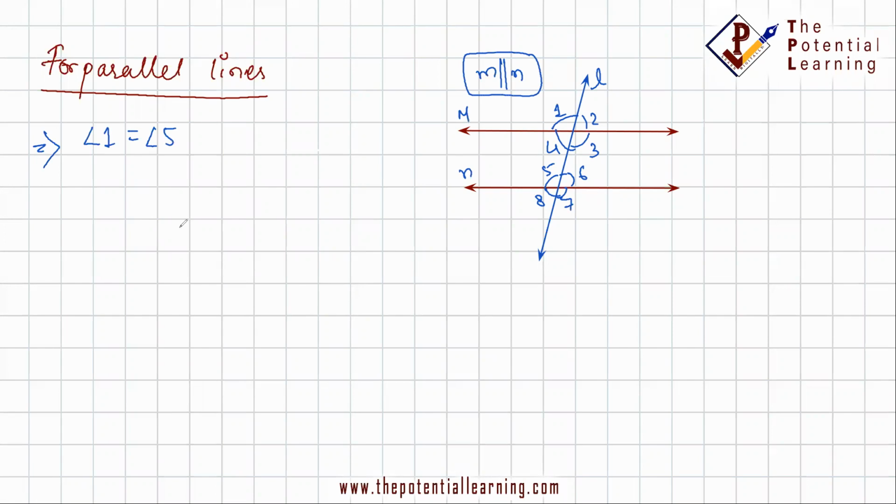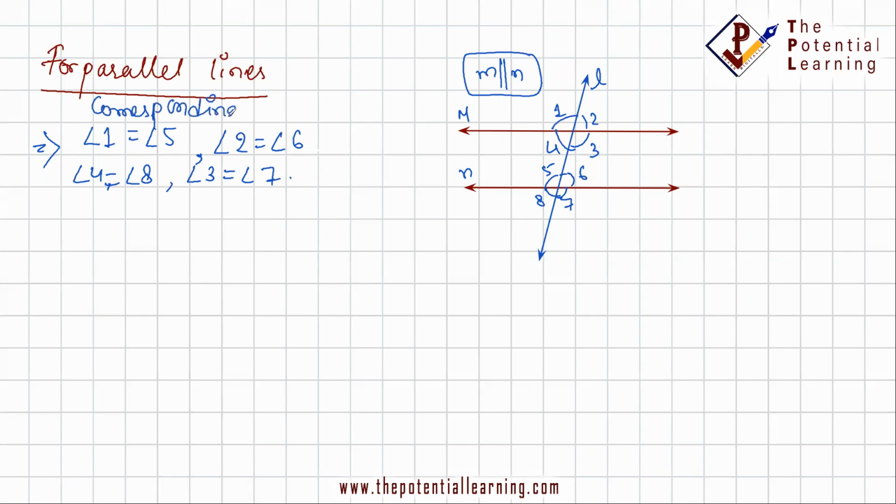So जहाँ पे हमने 1 and 5 क्या था, corresponding angles जो थे वो इक्वल भी होते हैं. तो here 1 and 5 equal, 2 and 6 equal, 4 and 8 equal, also 3 and 7 equal. तो जो corresponding angles हैं they are equal.